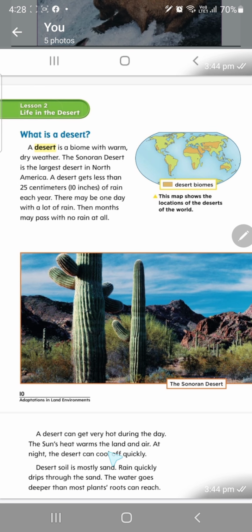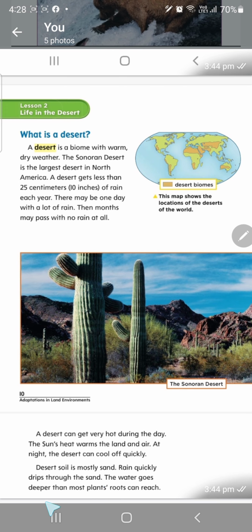A desert can get very hot during the day. The sun's heat warms the land and the air. At night, the desert can cool off quickly. So morning hot, night cool. Desert soil is mostly sand, not mud, sand. Rain quickly drips through the sand and disappears.